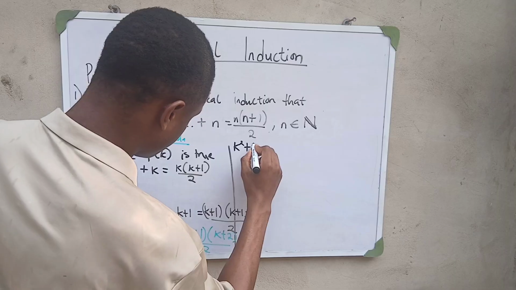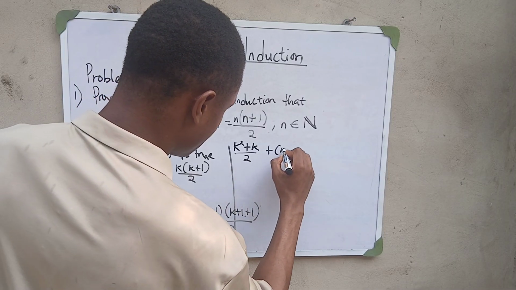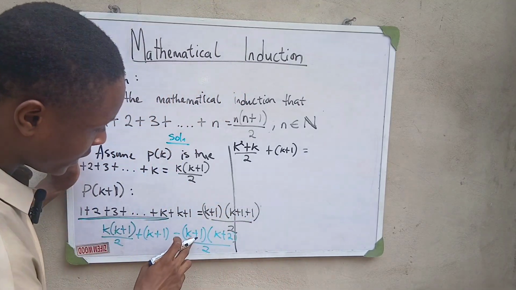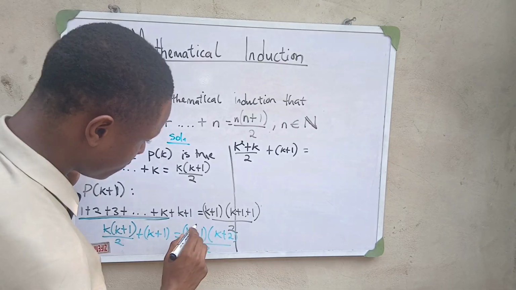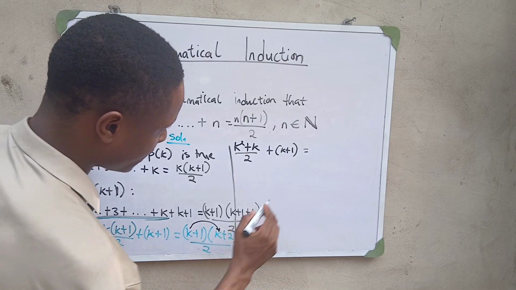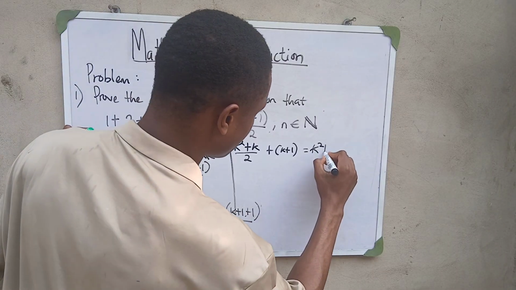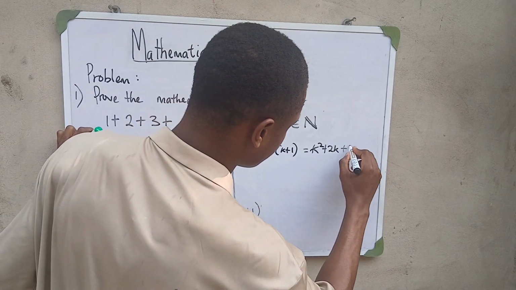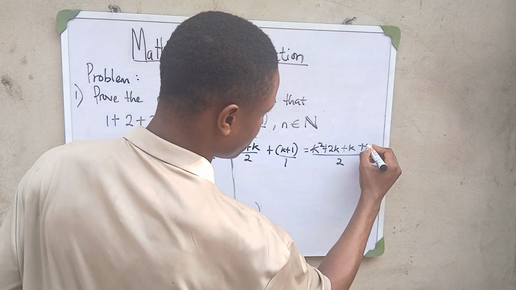K square plus k all over 2 plus k plus 1 is equal to, now let's open the bracket for this one. We are going to open the bracket, we'll multiply k times k, which is k square, and k times 2 is plus 2k, 1 times k plus k, 1 times 2 is 2.